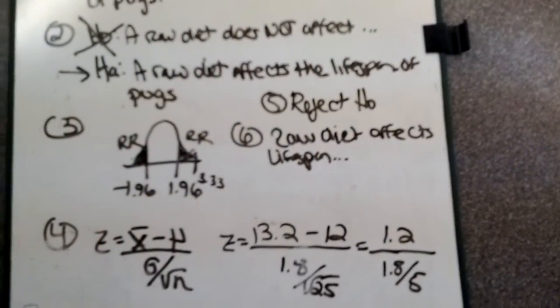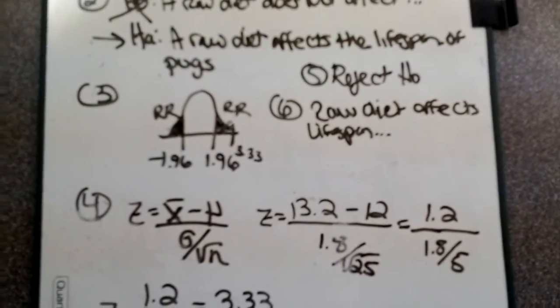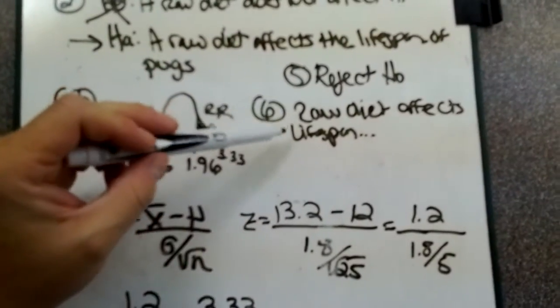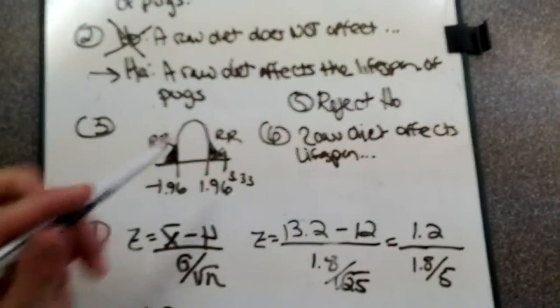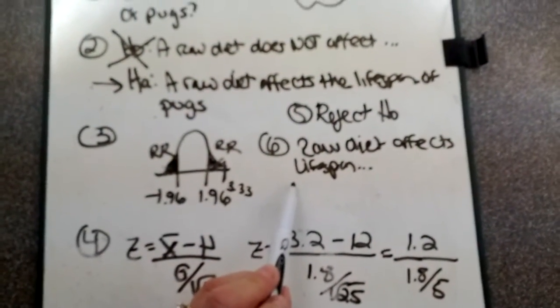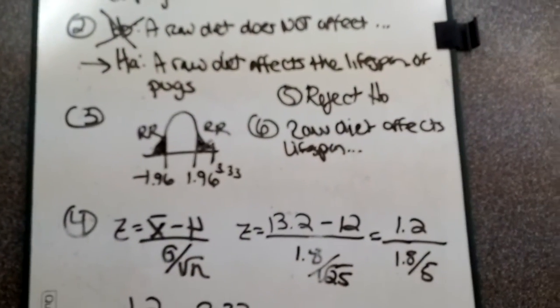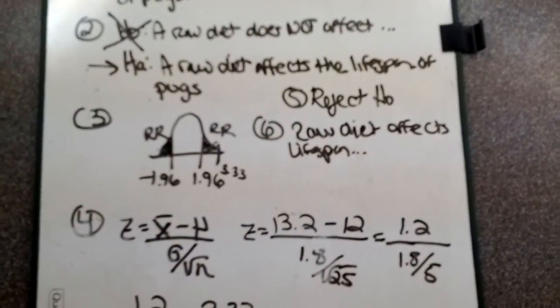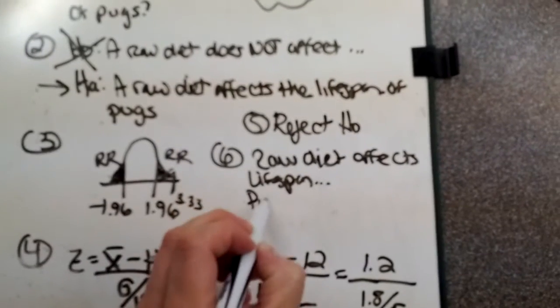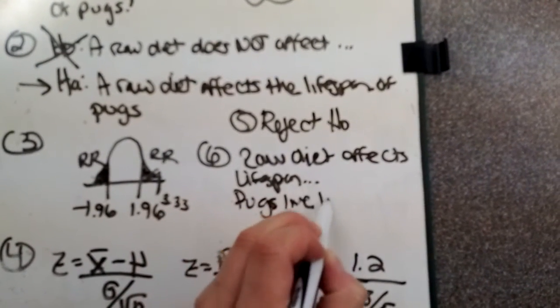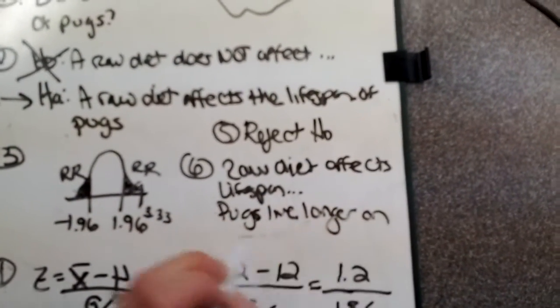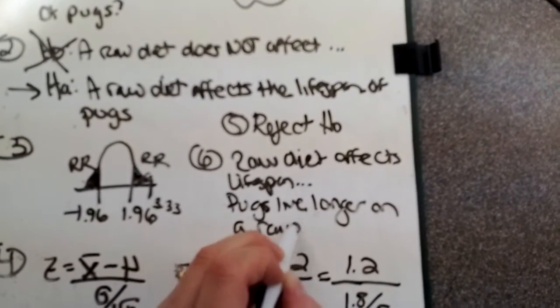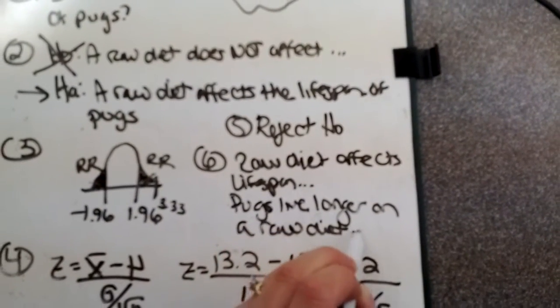But if I were to call my grandmother and say, Grandma, I rejected the null today and found that the raw diet affects the lifespan of pugs, my grandmother, who loves pugs, is going to want to know what the answer was. So we might as well follow up and tell her, Grandma, the pugs live longer on a raw diet compared to those with a regular diet.